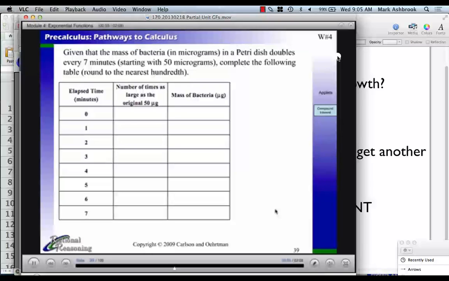So we got elapsed time and mass of bacteria. So these relationships are all about input and output, especially when we get to talking about the growth factors. You really got to have your input and output straight. So which is the input and what is the output? Yeah, so our input is going to be elapsed time.